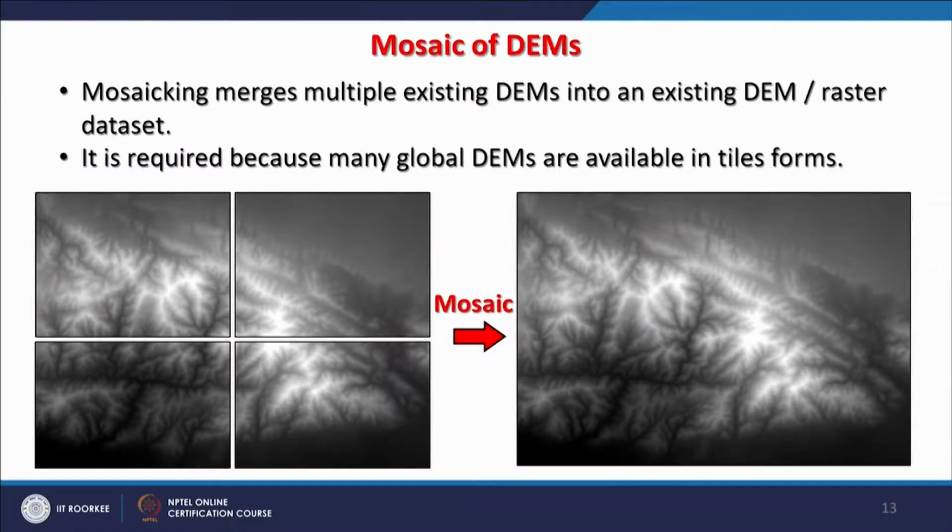In the previous example we saw a digital elevation model, and now my area of interest has an arbitrary shape, maybe a watershed or basin. I want to extract the digital elevation model values for my area of interest.